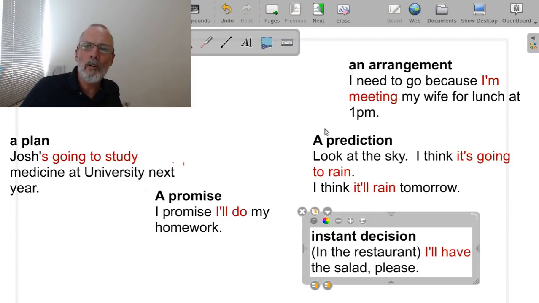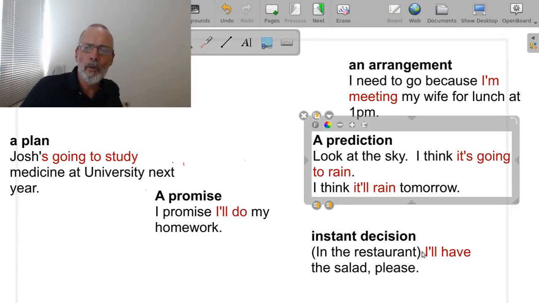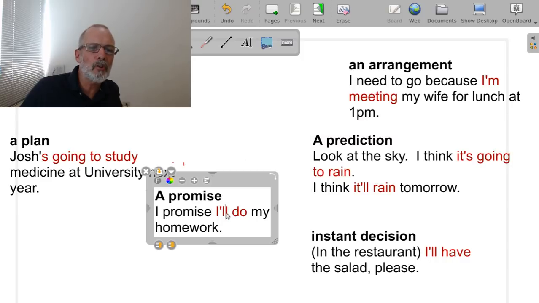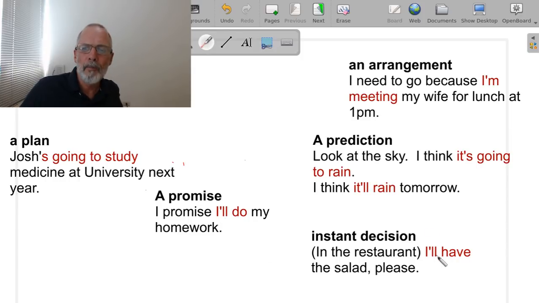First of all, we've got three, using this structure: I'll do, I'll have, and it'll rain. One for a promise, one for an instant decision, and one for a prediction.